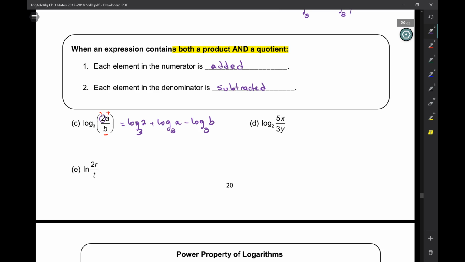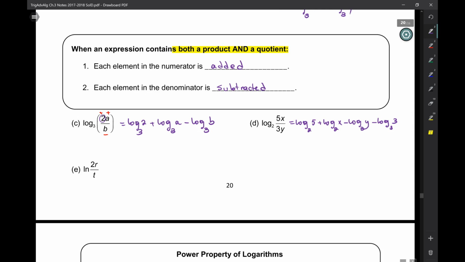So I'll give you 40 seconds to do D and E. Go. What about the y? Fabulous. So even though it's been multiplied, you still... Yes. Common mistakes. There's a 3 here.